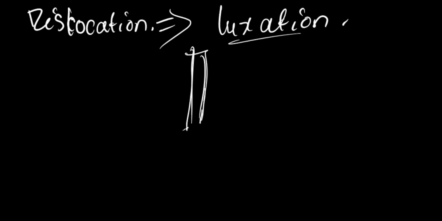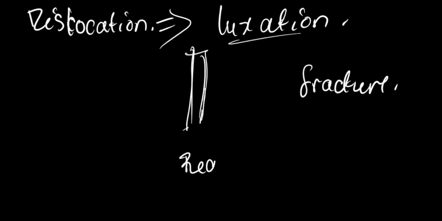And just as we discussed fracture, when we discussed fracture, we said we could have partial fracture, we could have displaced, we could have compound or simple, and so on. And we said some fractures can actually be reduced. Okay, so we made use of the term reduction, and we said reduction simply is mainly non-invasive.